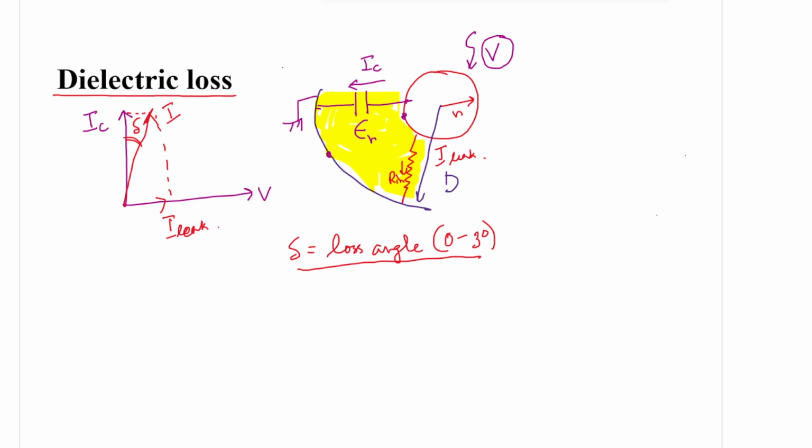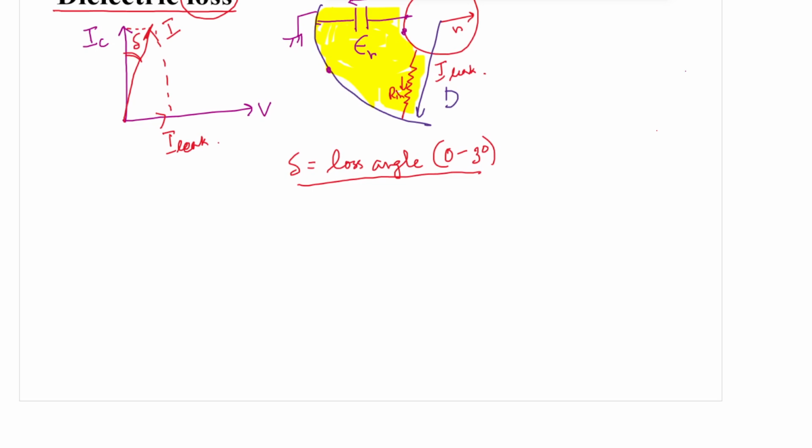Due to this resistive path, a loss will be incurred. That is called dielectric loss. For an underground cable, if the delta value is small, that indicates that your dielectric medium is in good condition.